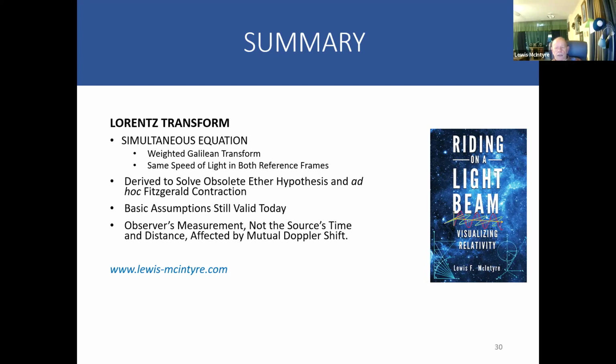Although it was derived to explain the ad hoc Fitzgerald contraction in the obsolete ether theory, its basic assumptions are valid and were incorporated into Einstein's special theory of relativity. And that theory extended them to cover mass, energy, and momentum.